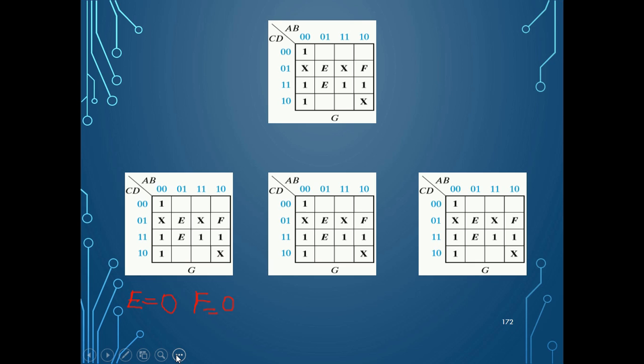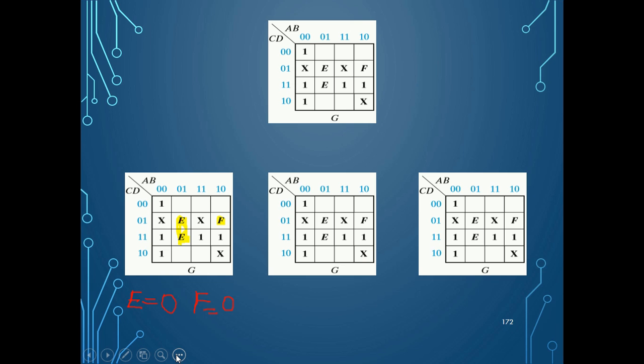What happens to the problem if F is equal to 0? We don't have these terms. E is equal to 0 and F is also 0, so this one you leave.